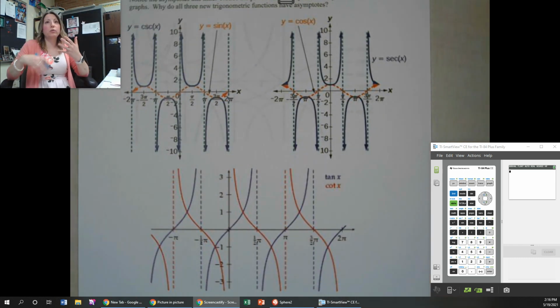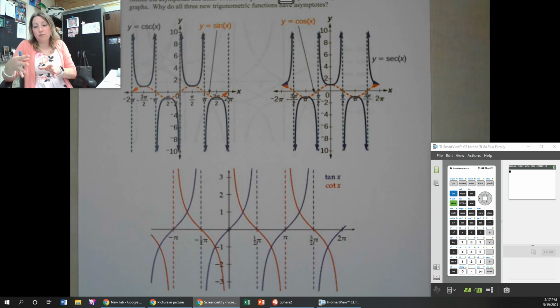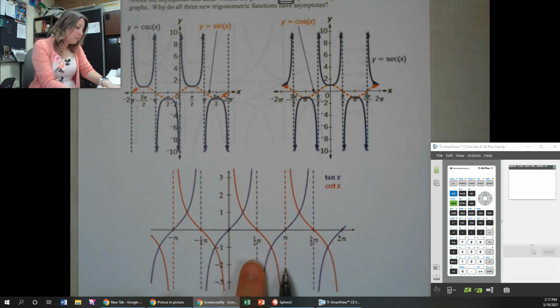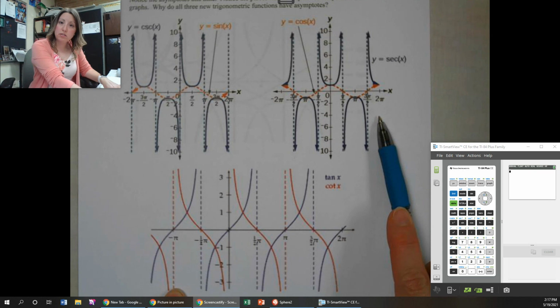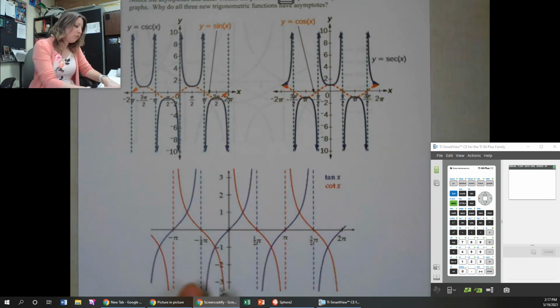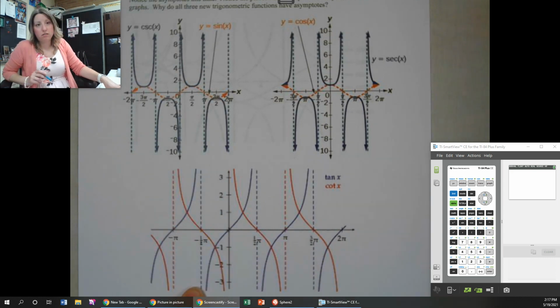So now you're going to have those asymptotes starting at 0 every 180 degrees versus tangent, as we know, starts at 90 every 180 degrees. You get an asymptote. So it's just kind of those opposites. By the way, cotangent will have the same asymptotes as cosecant. And tangent will have the same asymptotes as secant. So those asymptotes match up.